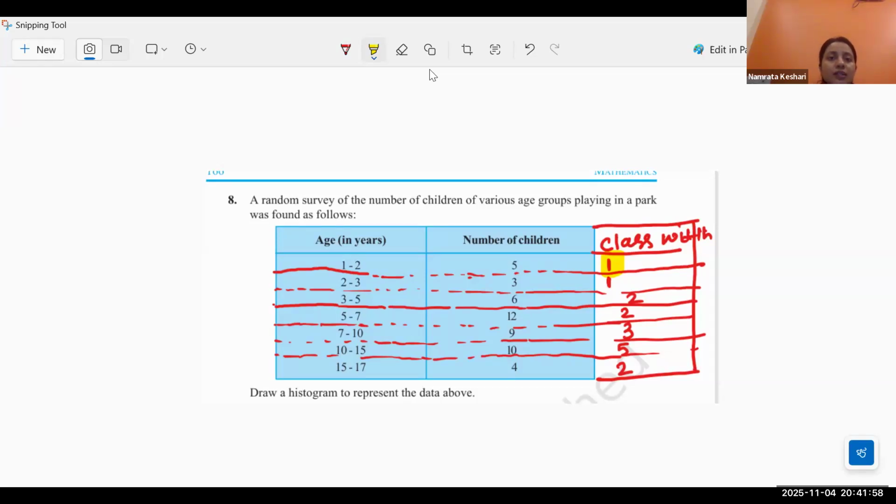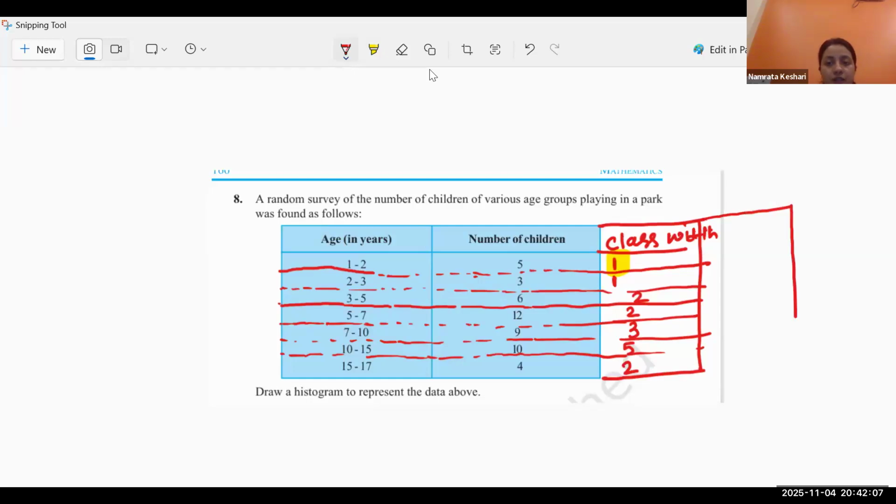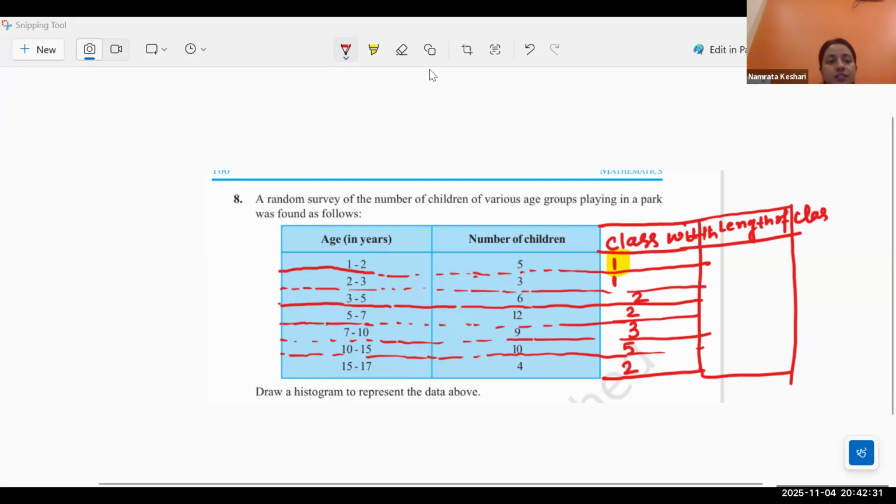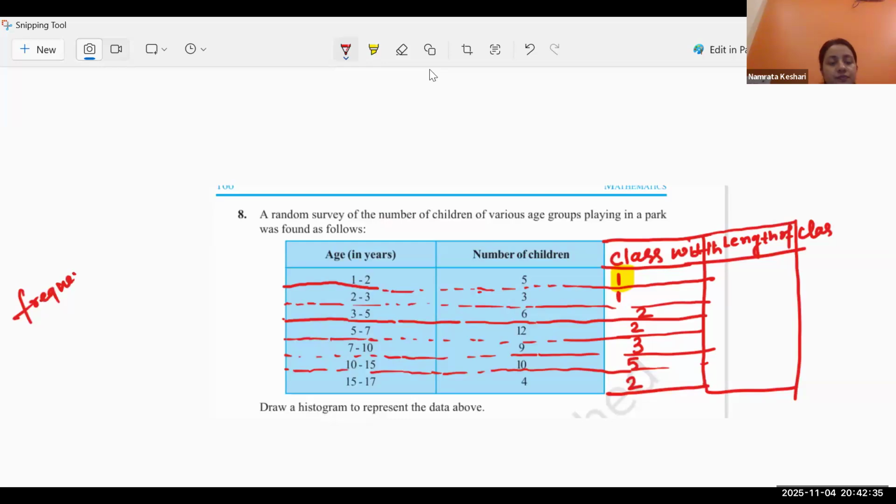I'm directly using the formula over here, however I can still show you from where the formula is coming using the unitary method. Next, the length of the class we need to change, and the formula is C. When the frequency is 5, the class width is 1, right?